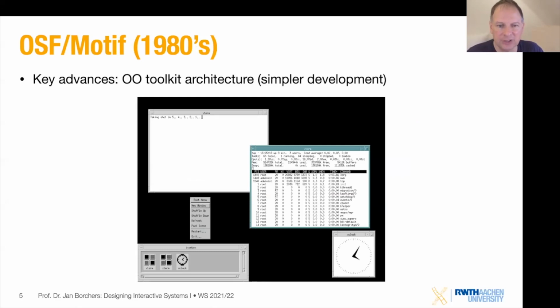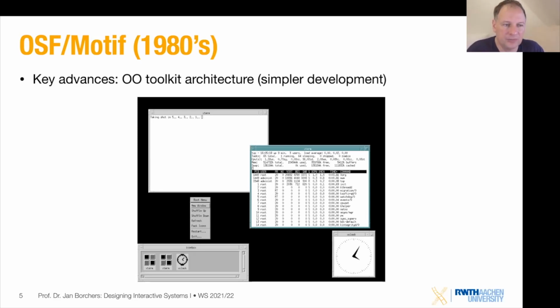X Windows came out in, I believe, '81, and this was the graphical user interface toolkit for the Unix world. On top of that, several windowing systems were designed, because X was more like an infrastructure to write windowing systems. Very flexible. You could exchange everything in X. It's a major design feature of X Windows to this day.